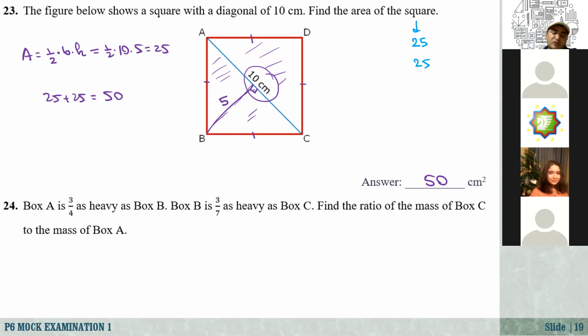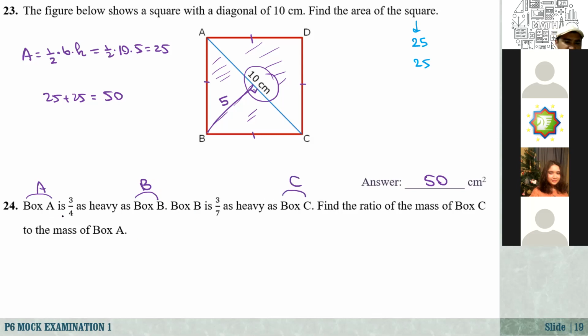Okay, how about question 24? Let's do this together. Box A is 3/4 as heavy as box B. What does it mean? Again, I can write like this, right? Let me just write box A's mass is A, and box B's mass, or weight, let's say B. Okay, and box C's mass is C, right?